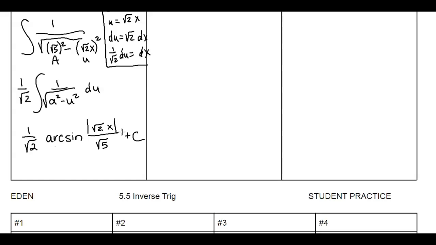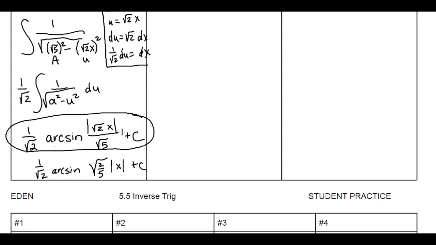Now, we really can take that root out and write it as like root 2 over root 5. Make sure that x is outside. I would even put it in the bars if you want to. Now, if I was a student, would I want to? No, I don't even want to as a teacher. So I'm okay with that. You should be able to match this up, and it would be a multiple choice question. These are not going to be free response questions on an AP exam. Okay?